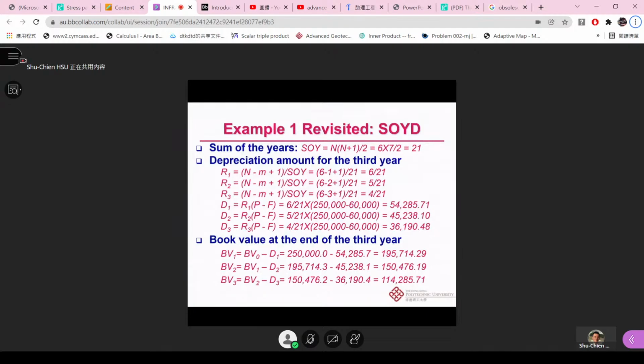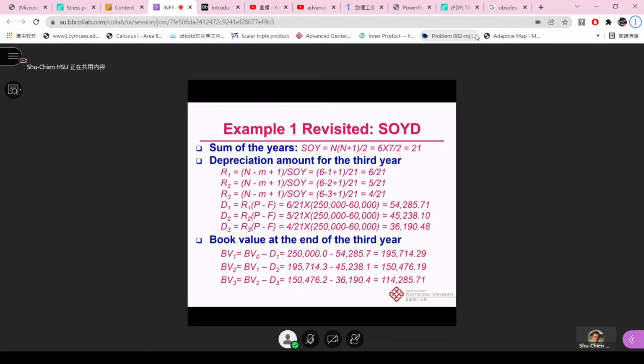You can see that we use the book value at the end of the first year to calculate the book value of year 2. We have 195,714.3 minus 45,238.1, which is equal to 150,476.19. This is the book value for year 2.